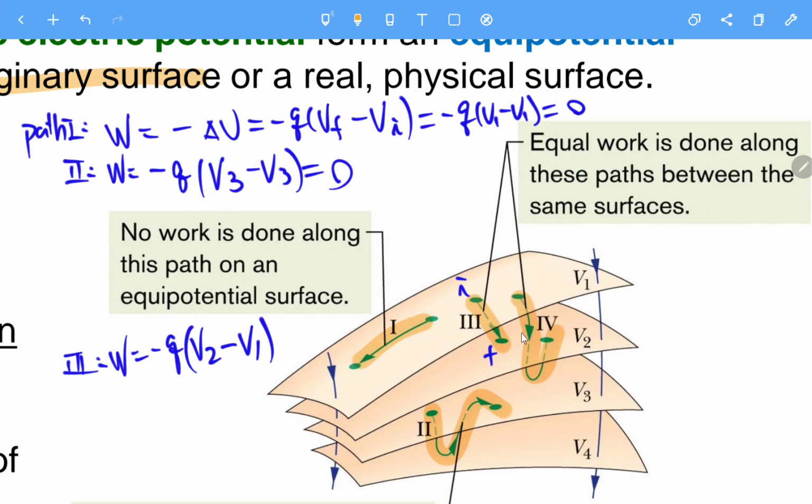It goes over V2 and then comes back, but still ends on V2. So for path 4, W also equals negative Q times V2 minus V1. Let's say this is 1, 2, 3, 4. So W3 equals W4.